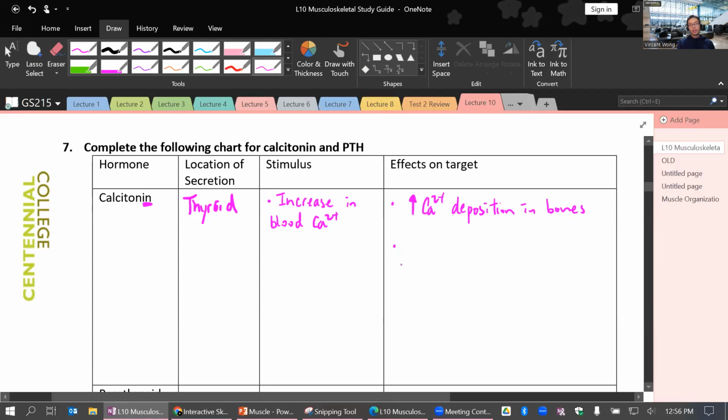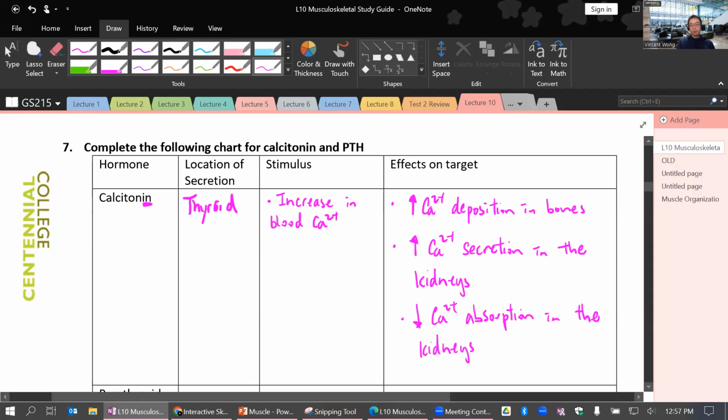And whatever is still left in the blood, if it's still too much, then you will increase calcium secretion in the kidneys, and you can reduce calcium absorption in the kidneys. We don't want to take them back.